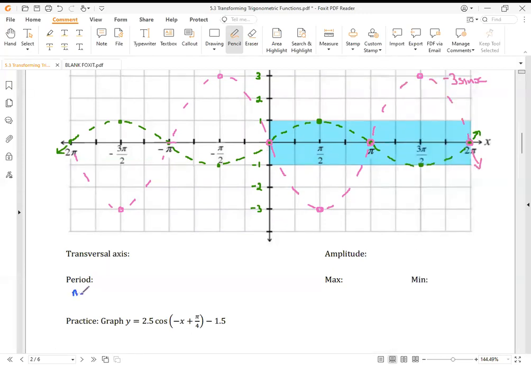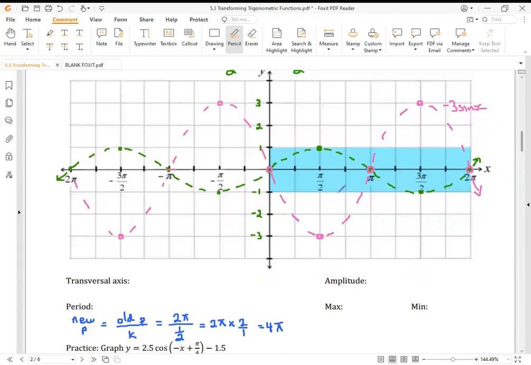Remember the formula that the new period is equal to the old period divided by k, which means the old period of 2 pi is divided by 1 over 2. In other words, 2 pi divided by 1 over 2 is the same as multiplied by 2 over 1. The new period is 4 pi.